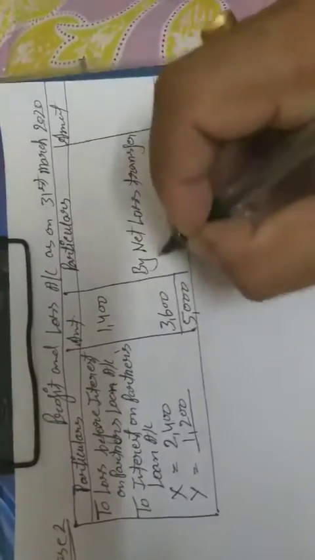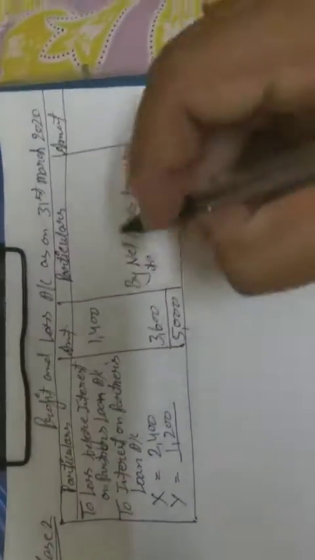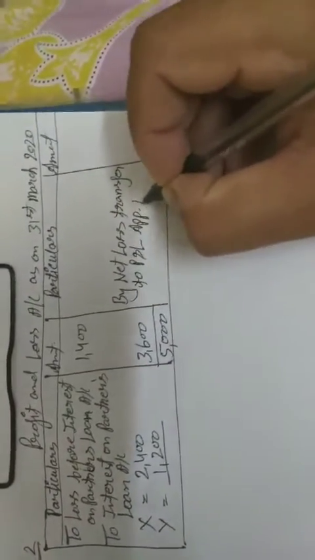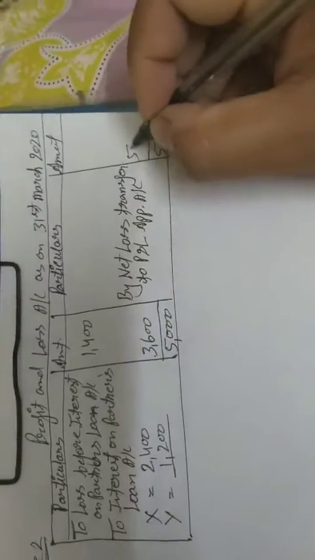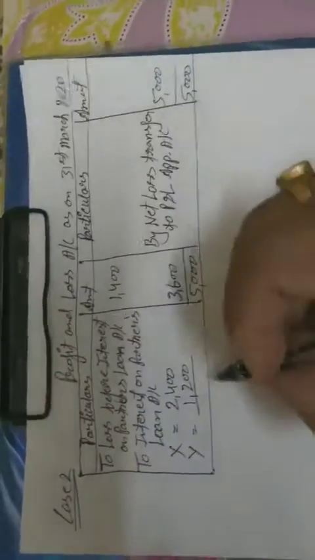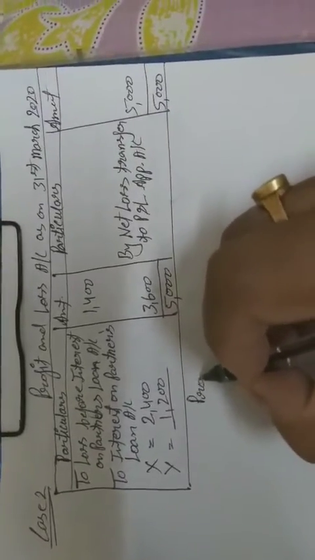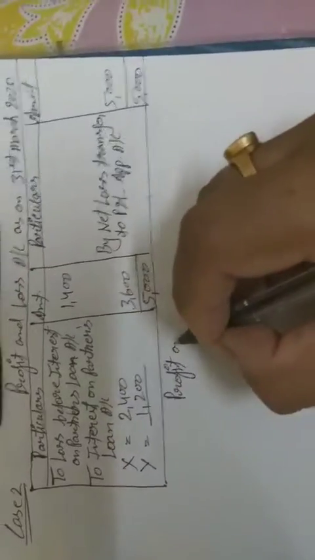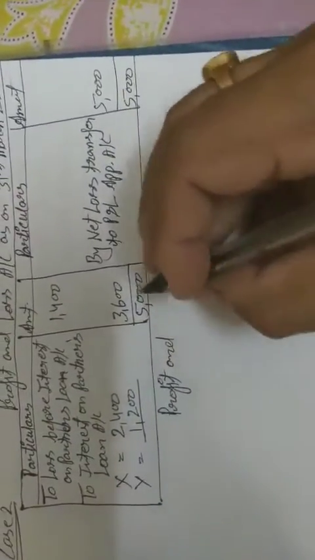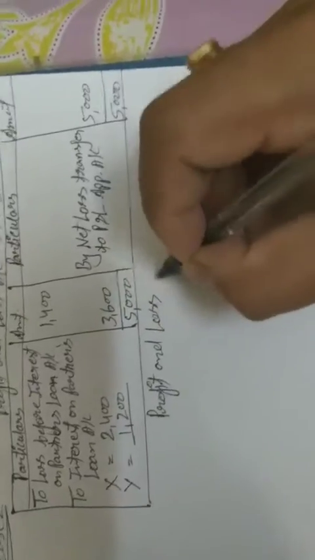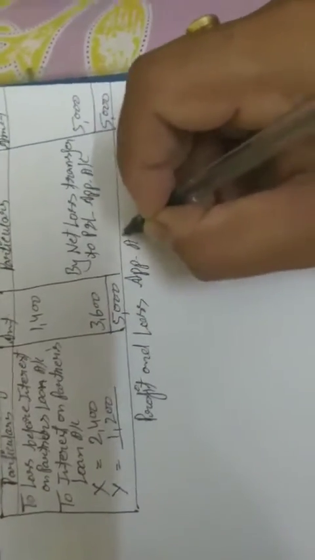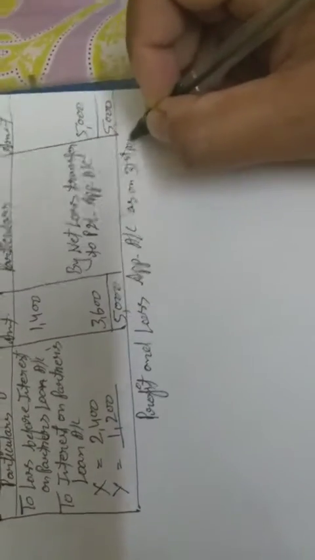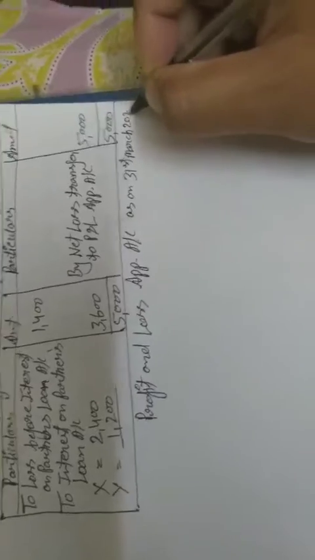This 5,000 we will show on this side by net loss transferred to P&L appropriations account, 5,000. Now this 5,000 can be distributed among the partners according to this format: profit and loss appropriations account, same date as on 31st March 2020.